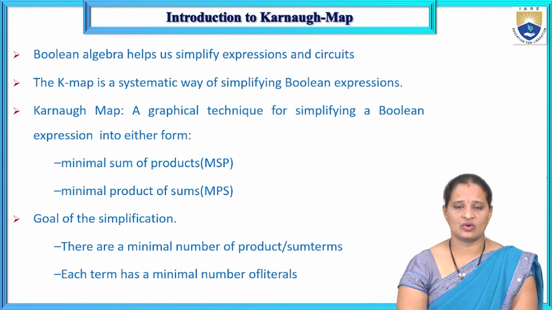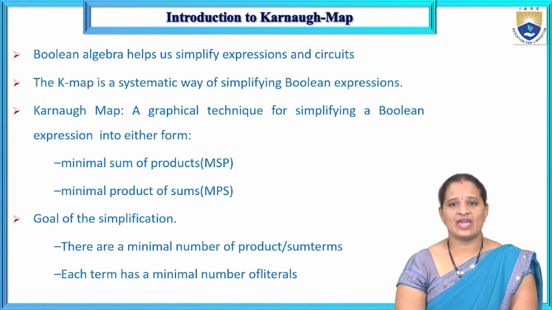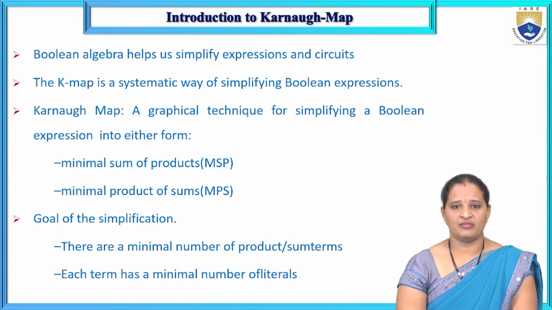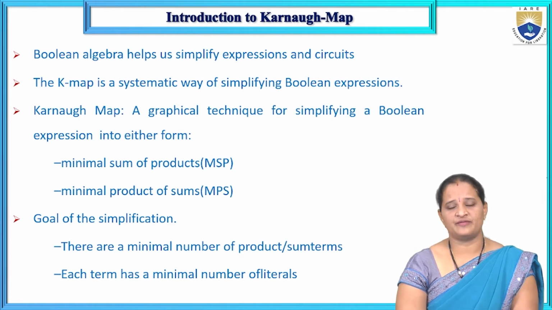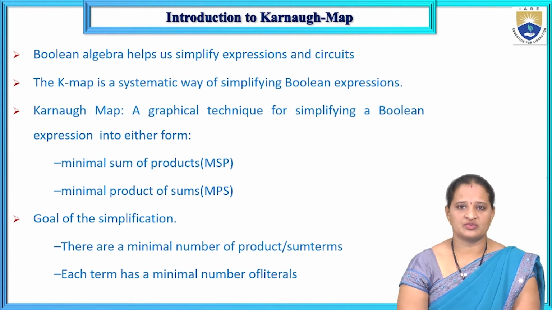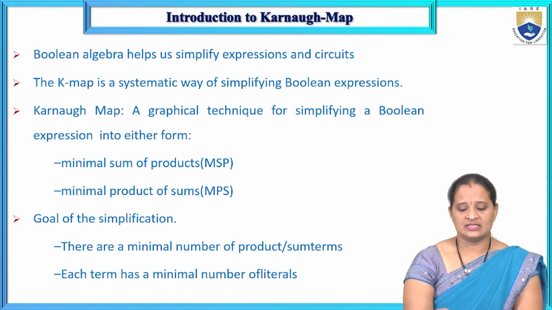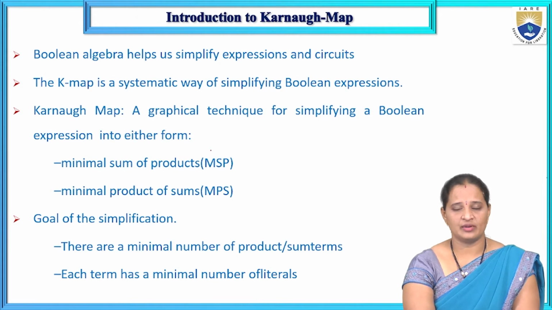In short, it is also called K-map. It is a graphical technique for simplifying a Boolean expression into either of two forms, that is, minimal sum of products form and minimal product of sums form.